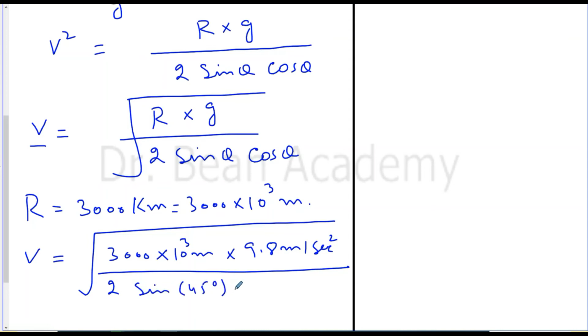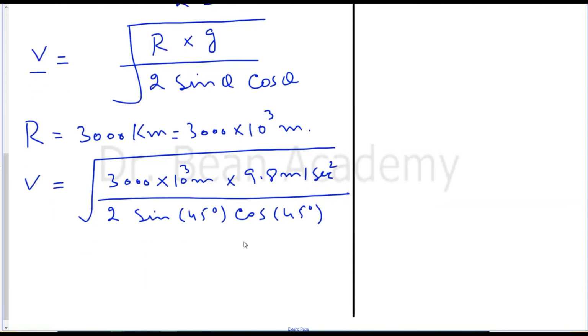They gave us this angle, that the missile makes an angle of 45 degrees with the horizontal at the launch pad. So I can use my calculator to calculate all of this expression at once, and it gives me a value of v, 5422.18 meter per second.